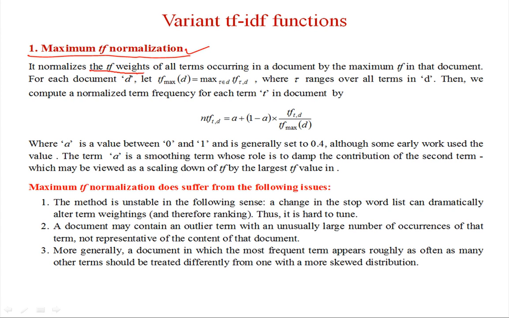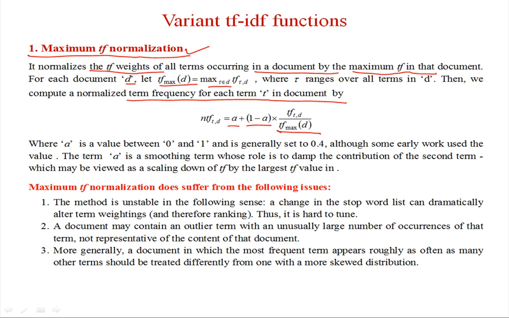It normalizes the term frequency weight of all terms occurring in the document by the maximum TF in that document. For each document d, let tf_max(d) be the maximum term frequency, where t ranges over all the terms in the document. Then we compute the normalized term frequency for each term t in the document by a plus (1 minus a) times the term frequency of term t in the document divided by the maximum frequency of any term in the document.